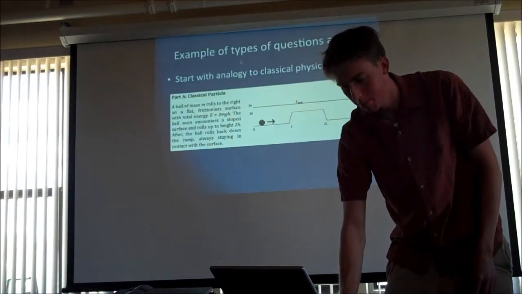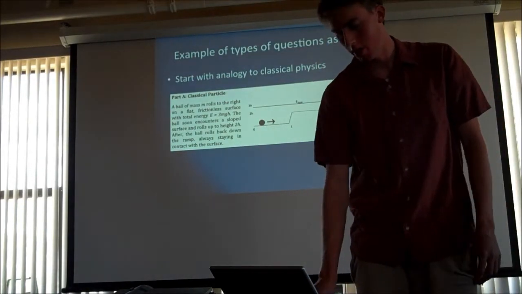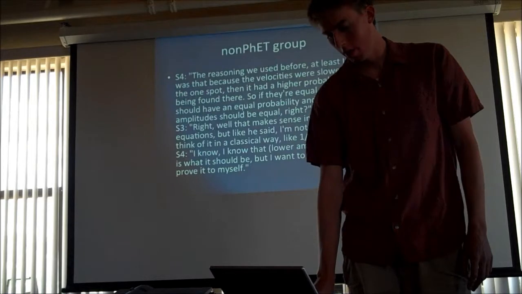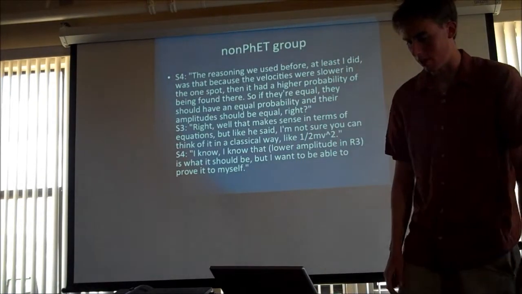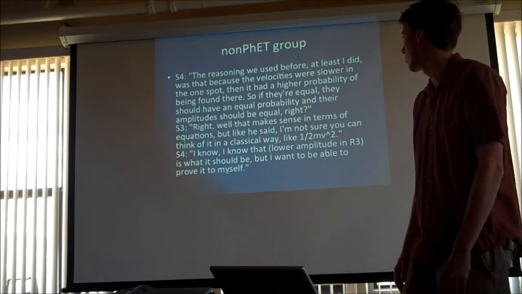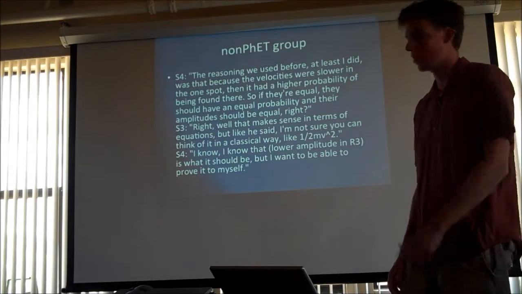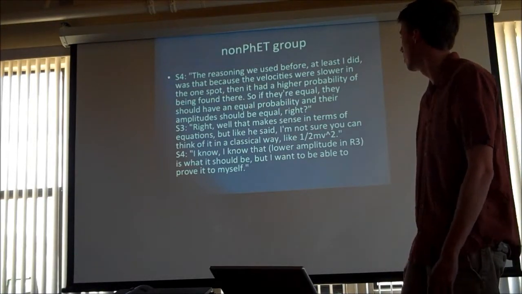I took notes of one of the conversations in the non-FET group, and here's what they discussed. Student 4 says, the reasoning we used before, at least I did, was that because the velocities were slower in the middle region, it had a higher probability of being found there.